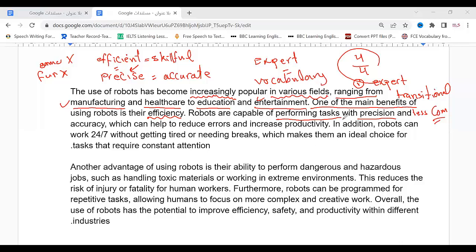Then he said performing tasks with precision and accuracy, which can help to reduce errors and increase productivity. The word reduce, good word, increase, errors, productivity. Productivity is also a really good word in this field or in this aspect.